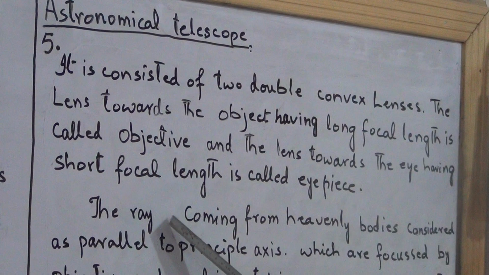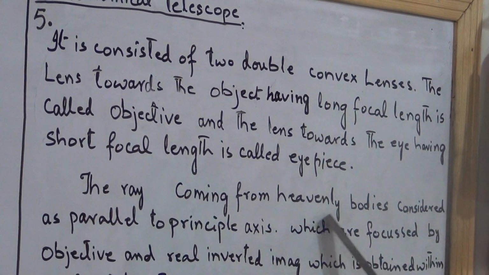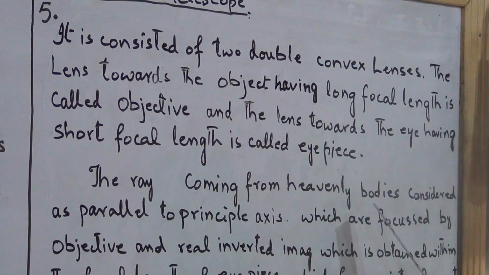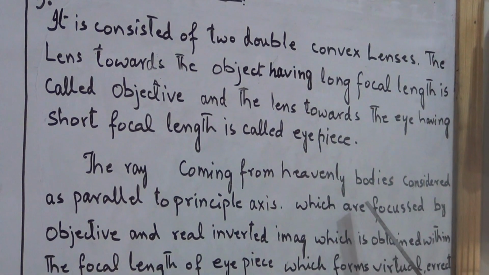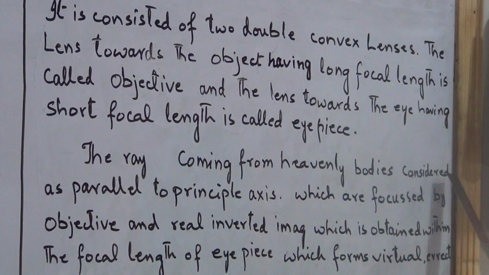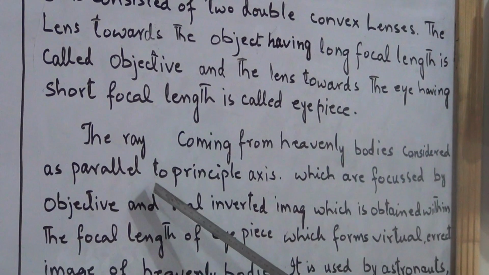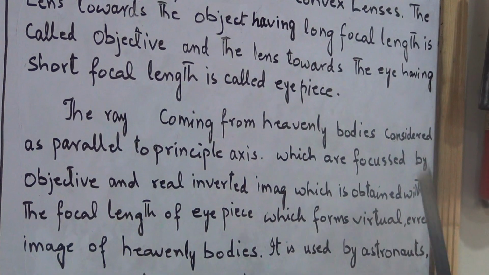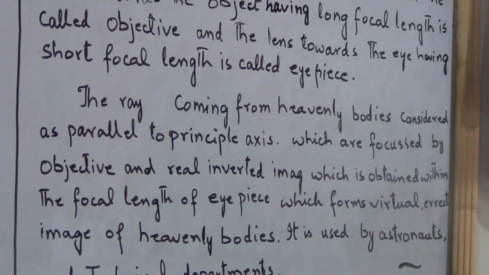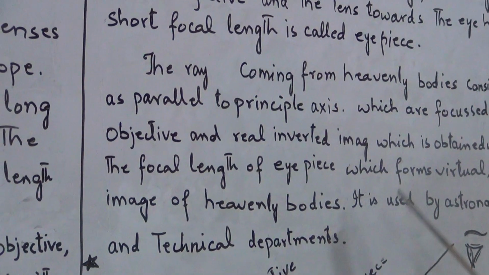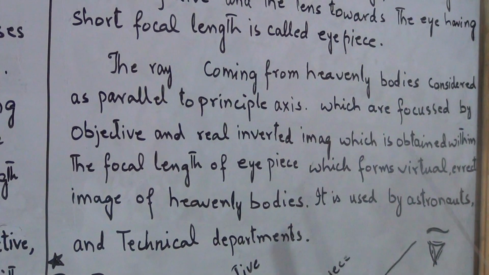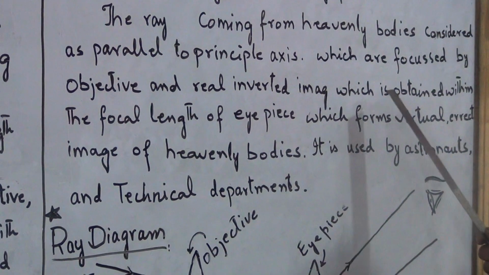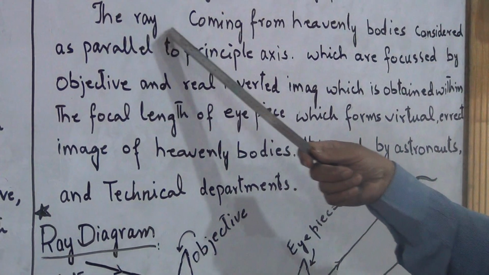The rays coming from heavenly bodies, meaning stars and other astronomical bodies, are considered parallel to the principal axis. As you have read in the first case of the convex lens or concave mirror, the rays coming from infinity are considered parallel to the principal axis. So this is the same case.